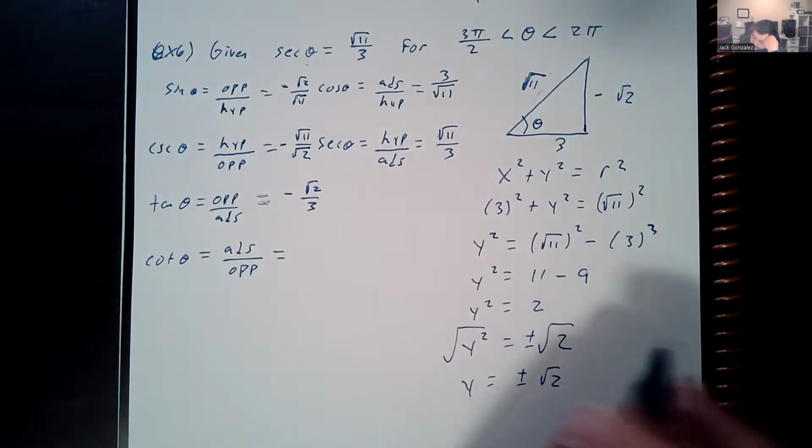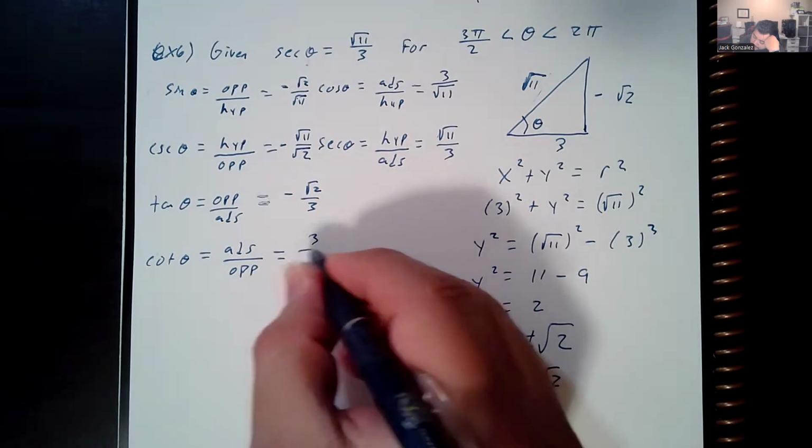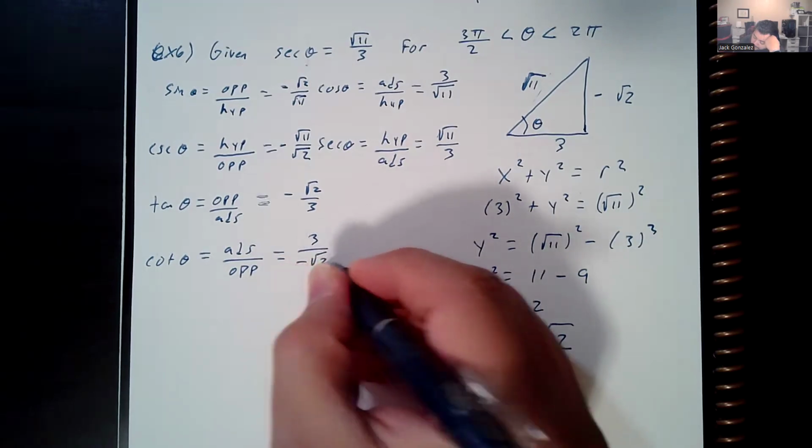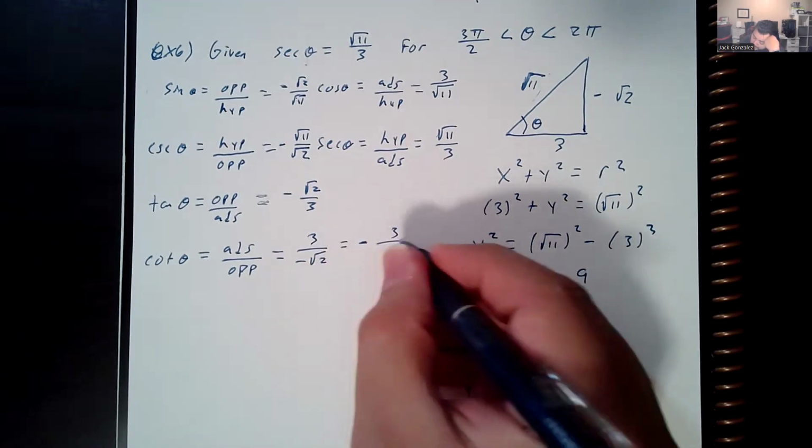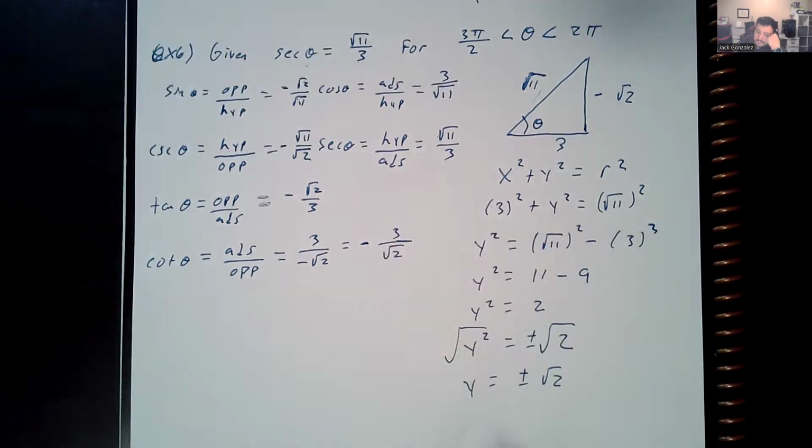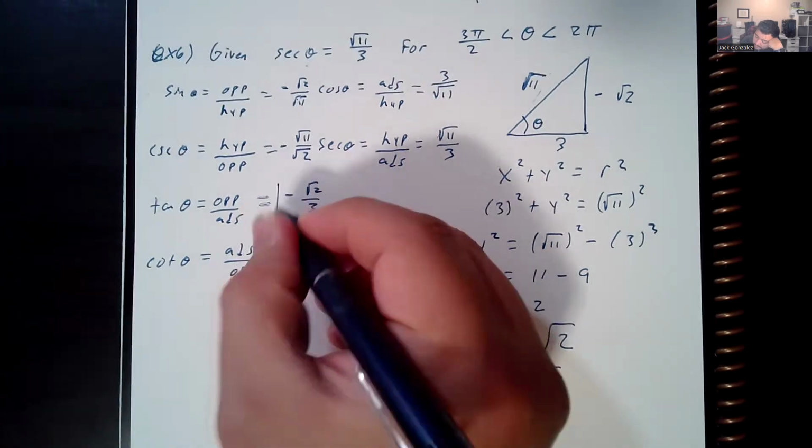Cotangent, adjacent over opposite, which is the same as putting the negative in front, but technically the y part is negative. But the one they wanted was tangent, so that's this guy right here.